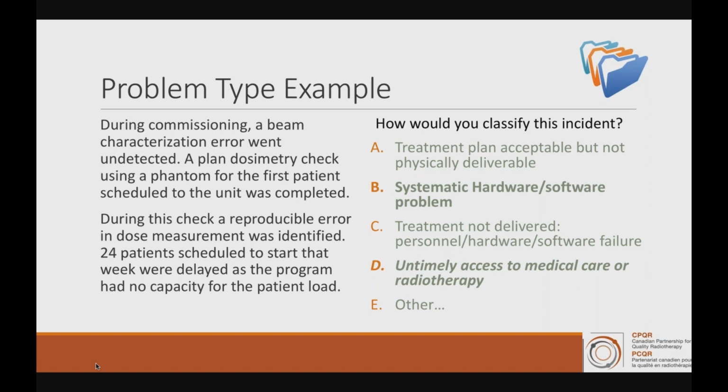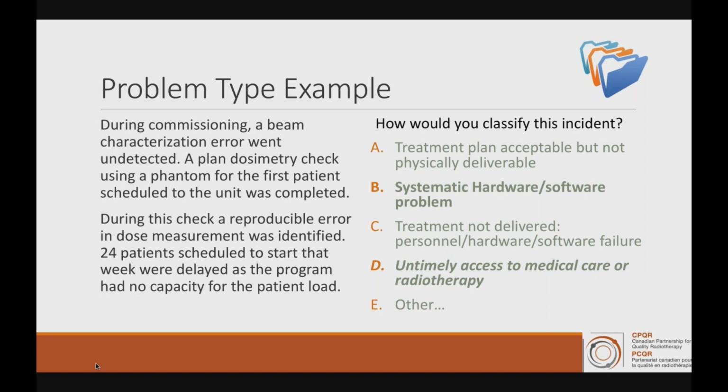The items that we chose are two problem types actually: systematic hardware software problem, as well as untimely access to medical care or radiotherapy. I'll explain how this works. The first is systematic hardware software, which includes a malfunction in either hardware or software that affects accurate delivery of treatment plan or results in patient injury.